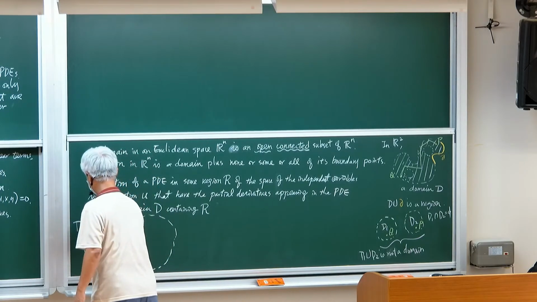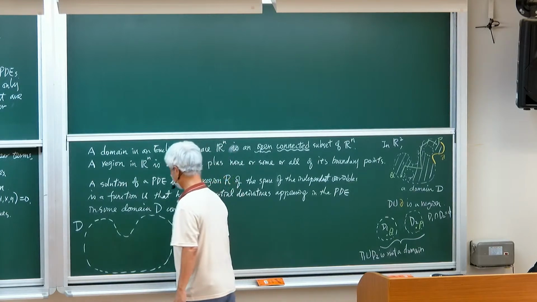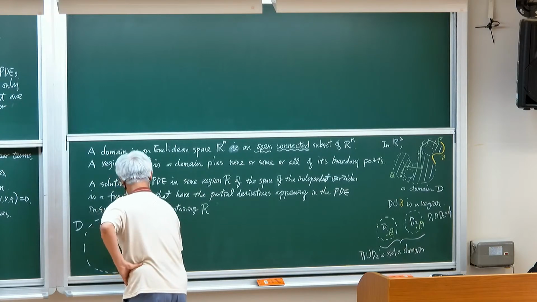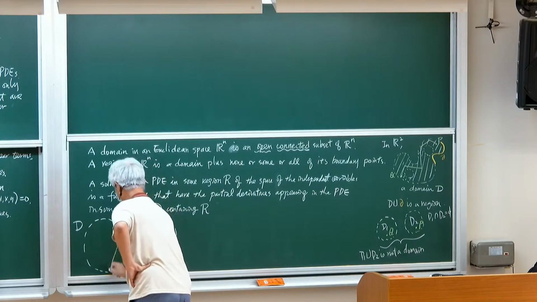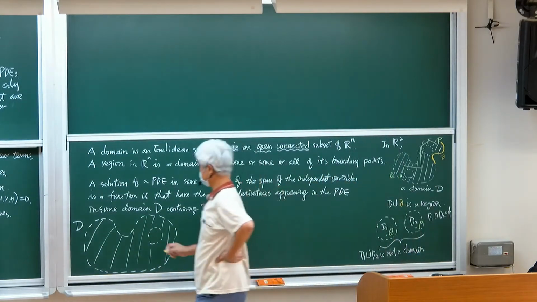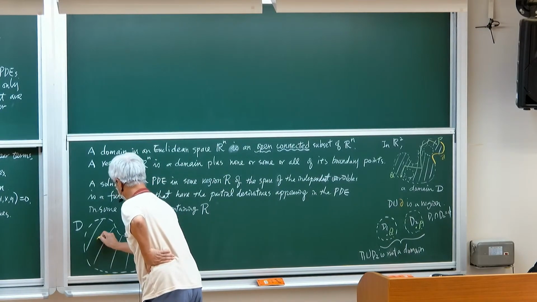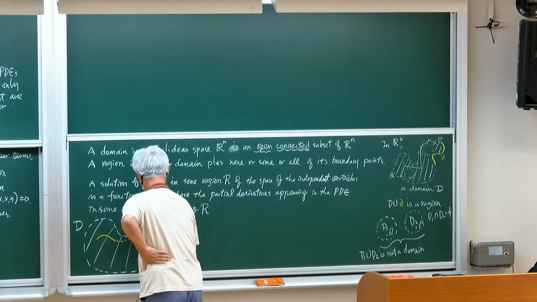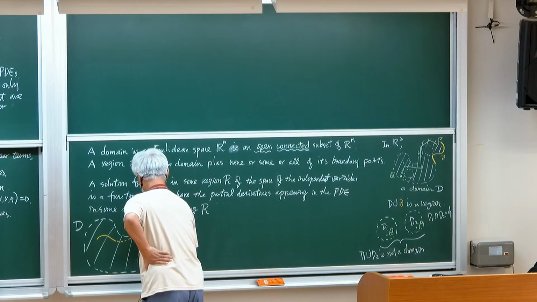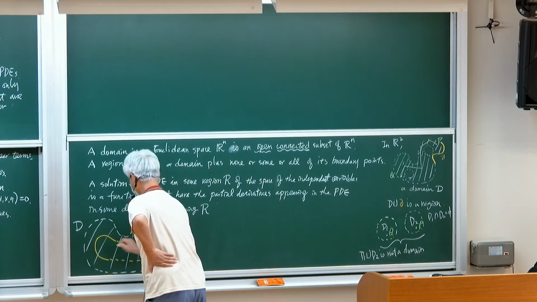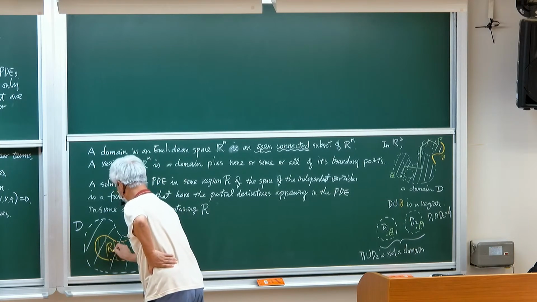This is D, an open connected set, and the region we specified is here. This is R, our region.